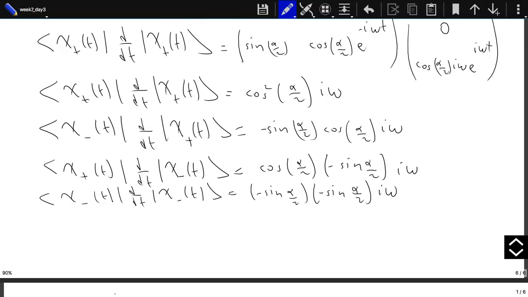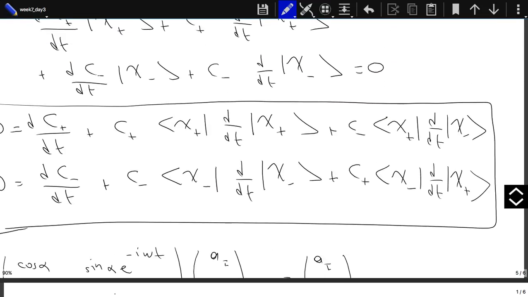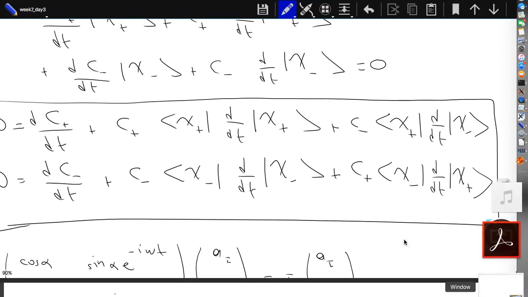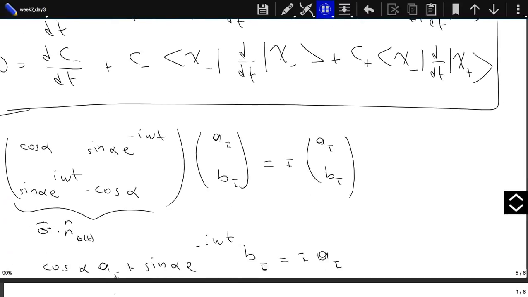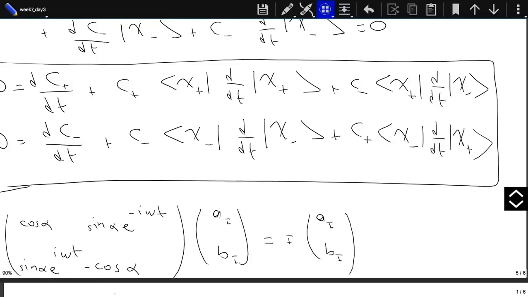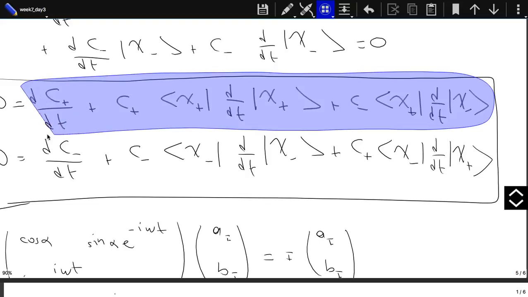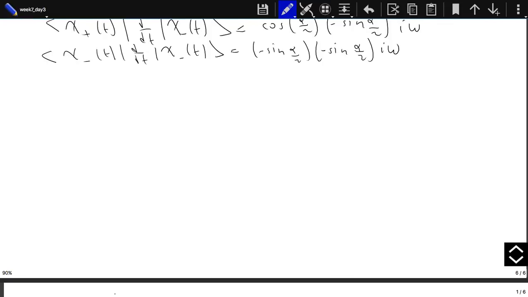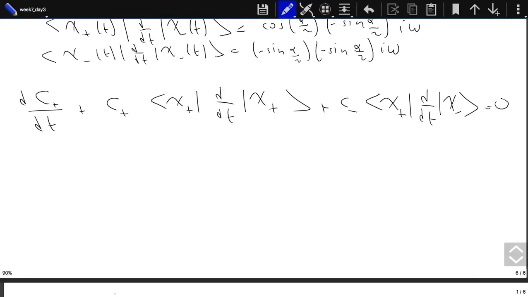Okay, now, here we go. We have these differential equations that we need to solve. So let's start with the first one, derivative of C plus. This is equal to 0.